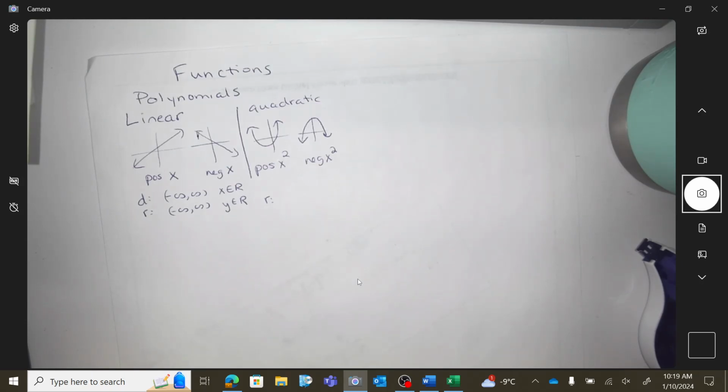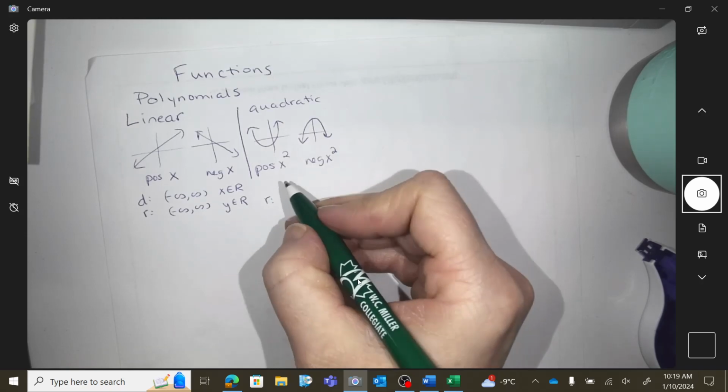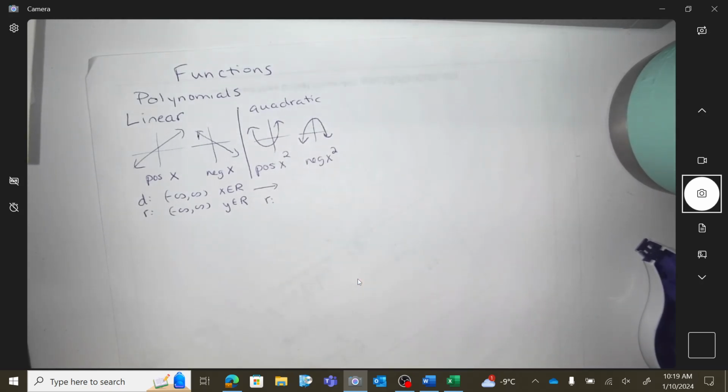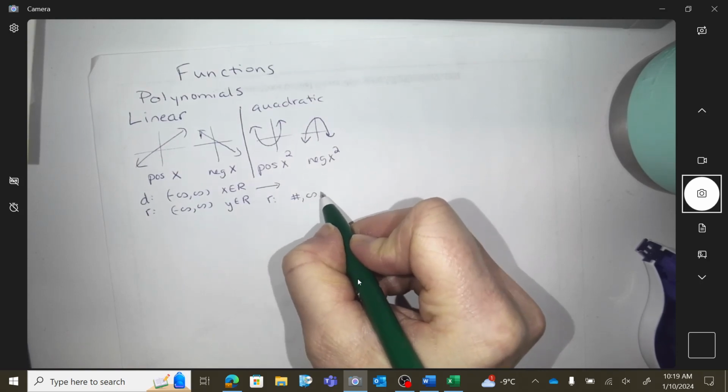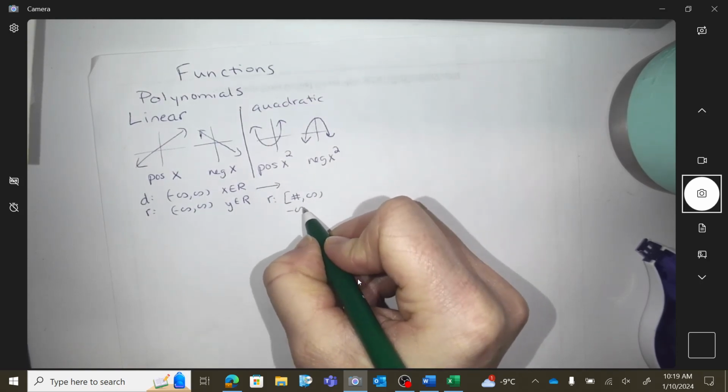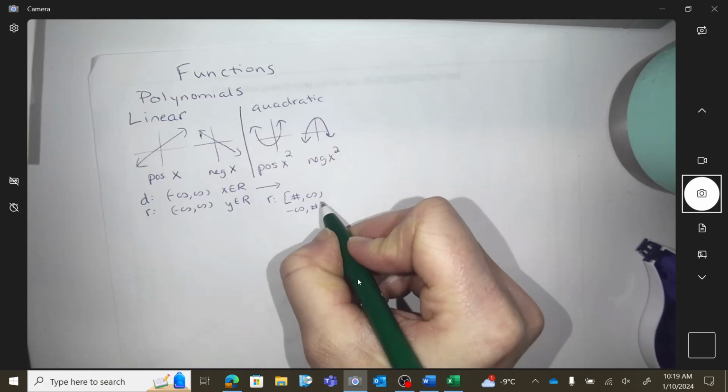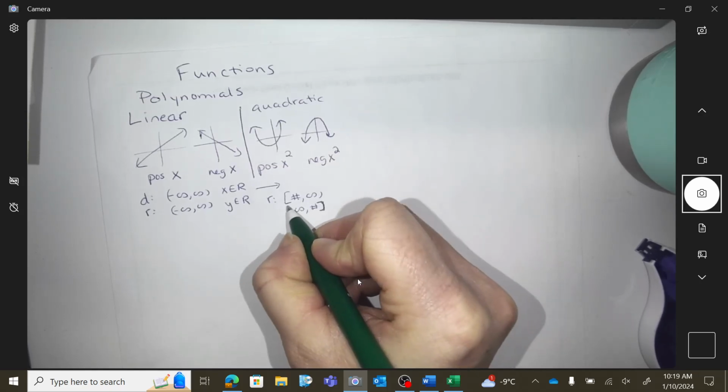Okay, so this one, you might be asked, well, the domain would be the same, right? The domain goes on. The range would be different, right? So this range would be some number to infinity or negative infinity to some number, right?